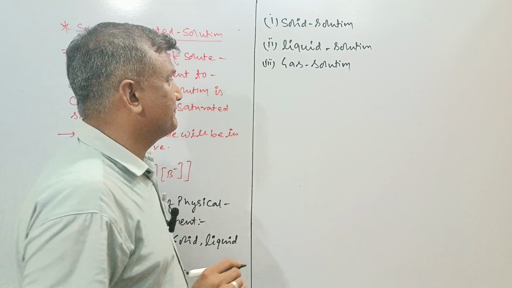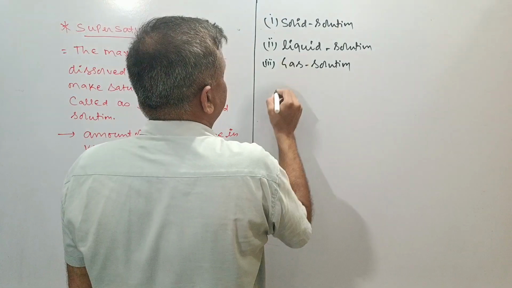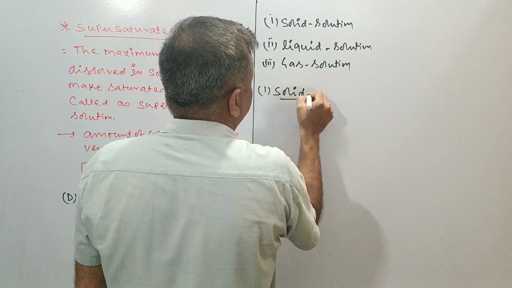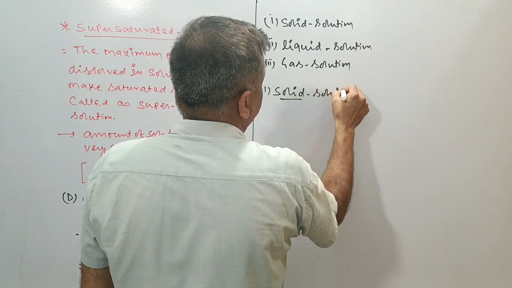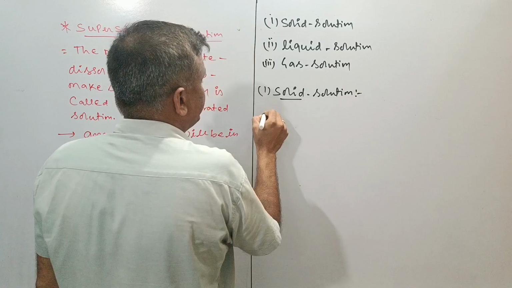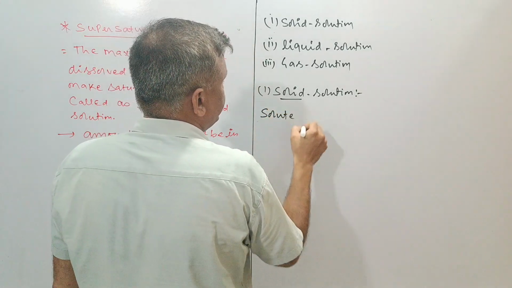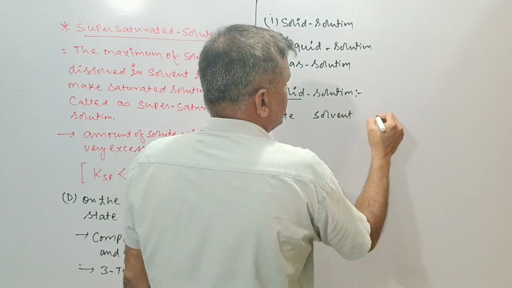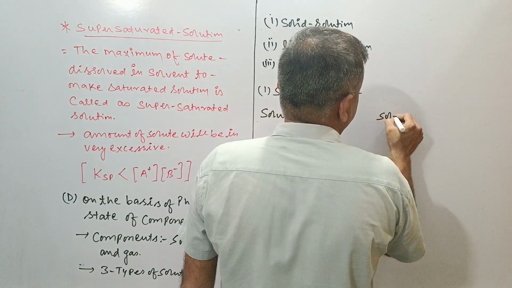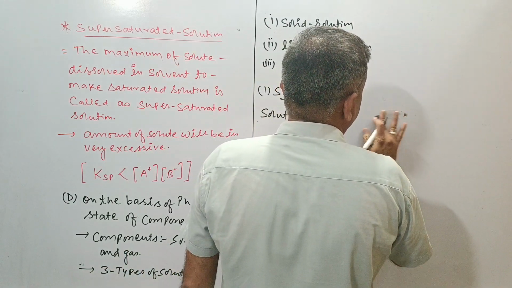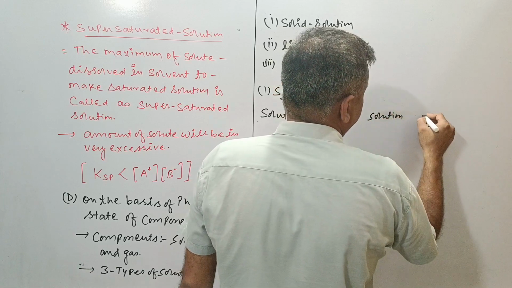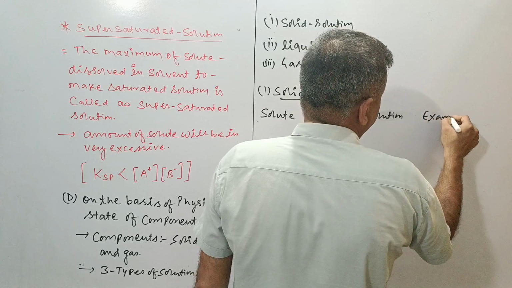especially. So if we go with the first type as a solid solution, then the conditions will be: this is the solute, this is the solvent, this is the solution, and regarding this, here we can take examples.